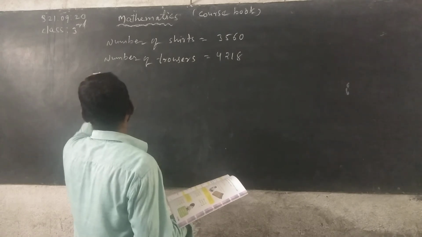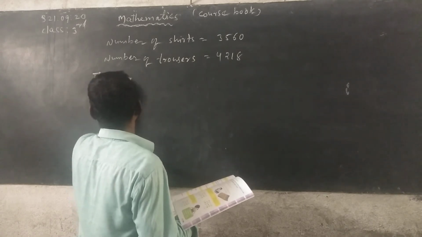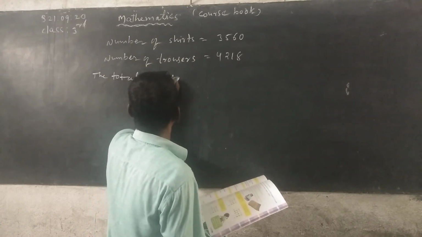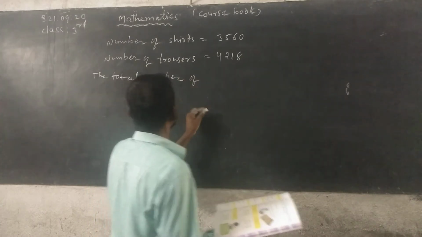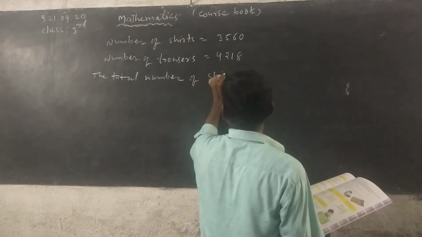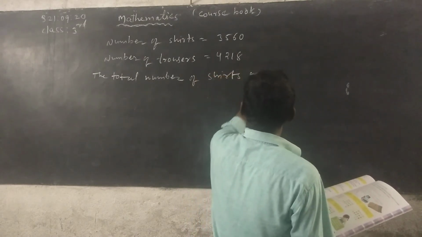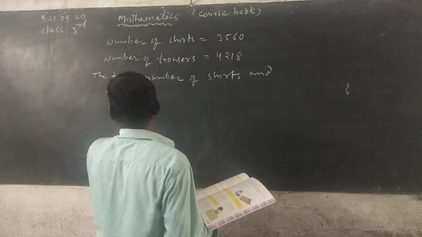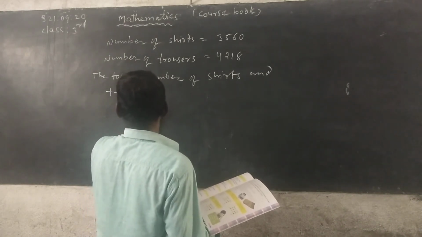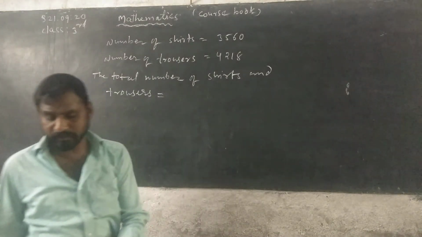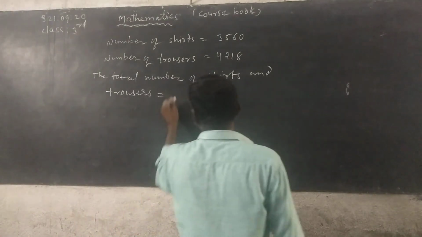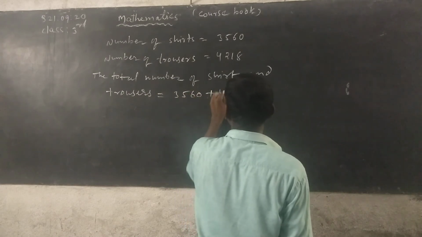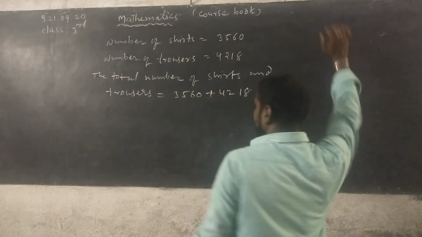The total number of shirts and trousers is equal to 3,560 plus 4,280.